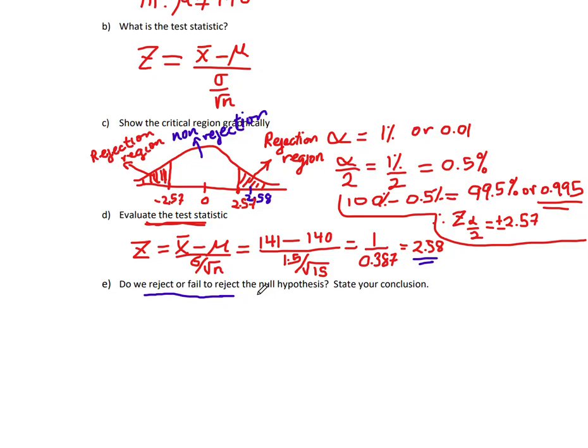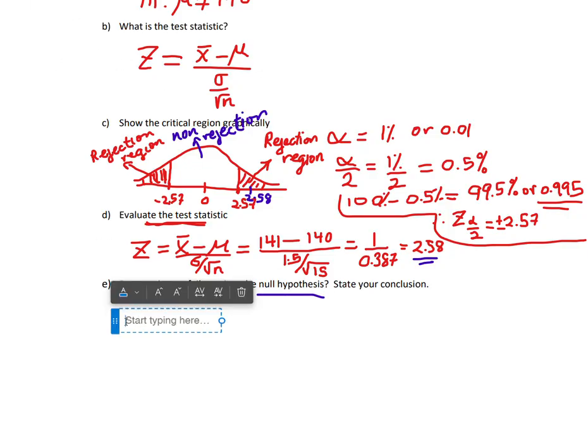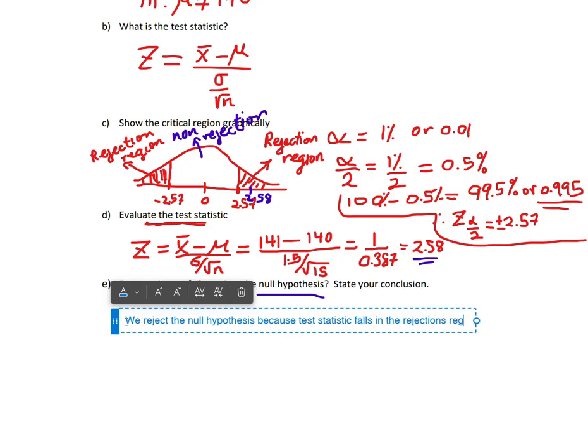Do we reject or fail to reject the null hypothesis and state our conclusion? Well, here we say we reject the null hypothesis. We reject the null hypothesis because the calculated value, or test statistic value, falls in the rejection region.